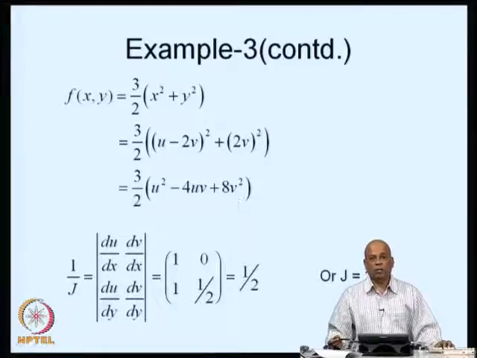Then we get the Jacobian. In most situations it is convenient to get 1 by J rather than J, as it is in this particular case.